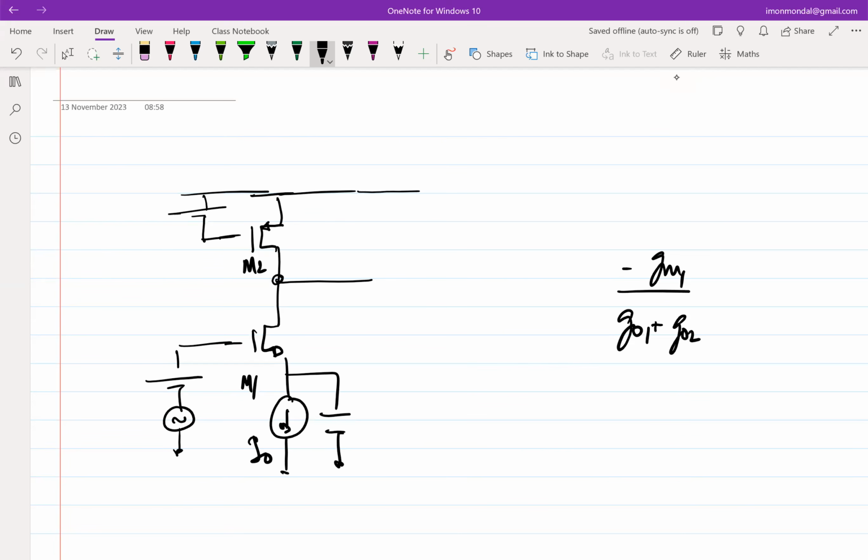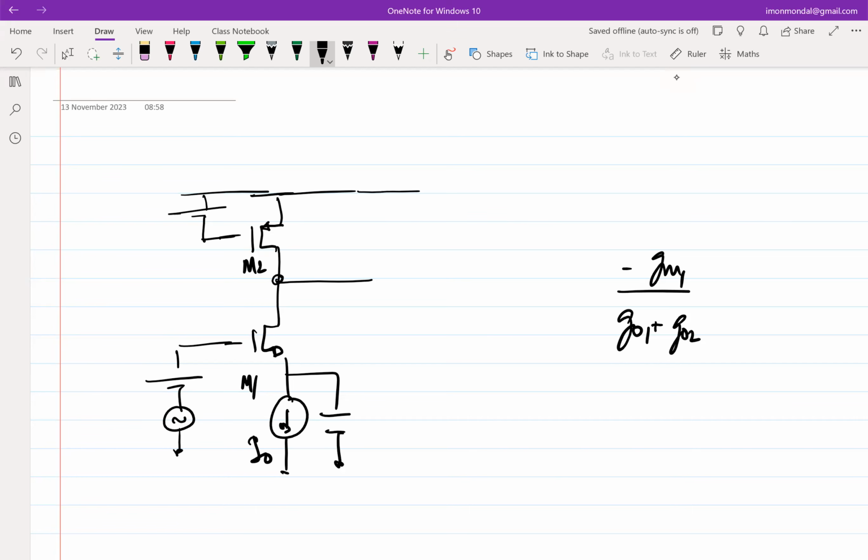Should I increase I0 or should I decrease I0? Why? GM will increase. What happens to GDS? Now, since both are increasing, I need to understand the rate.